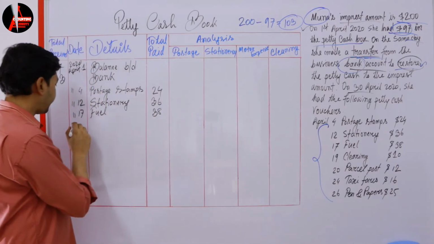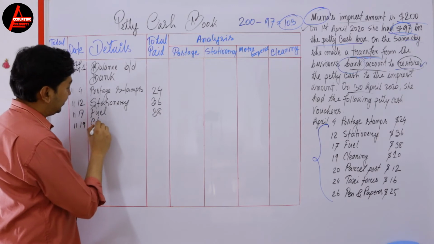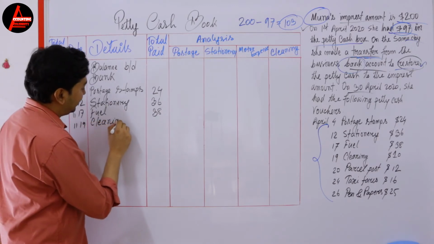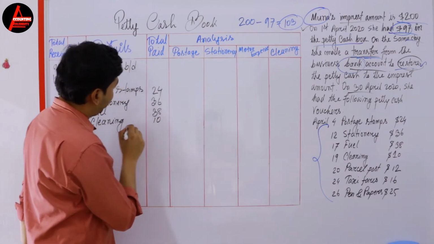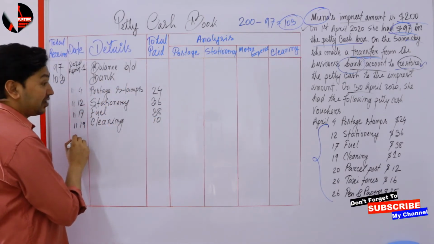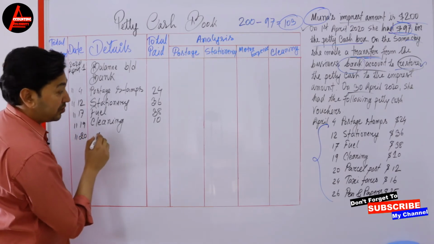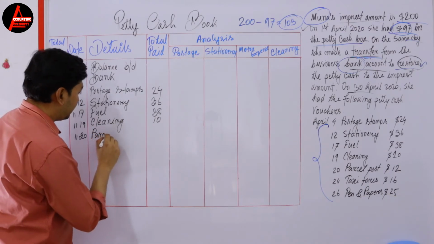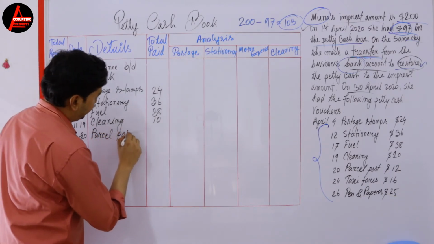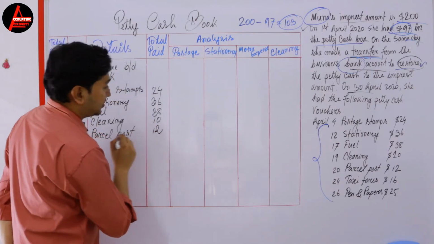$38. After that we have the 19th, cleaning. How much is it? $10. What is next? The next one is the 20th. What is said? Parcel post. How much? $12.